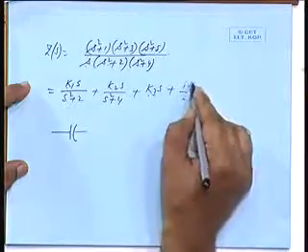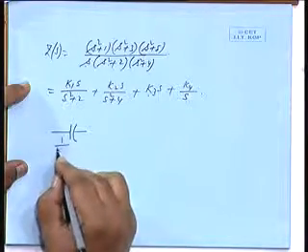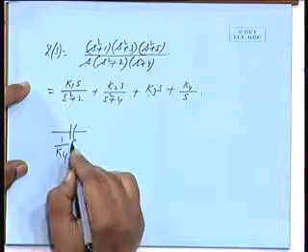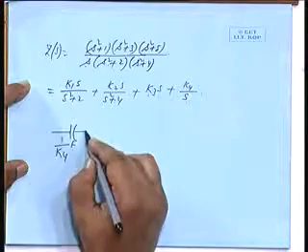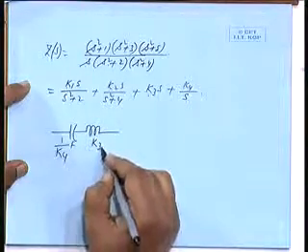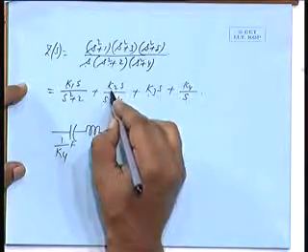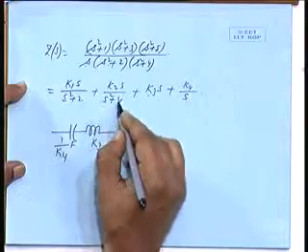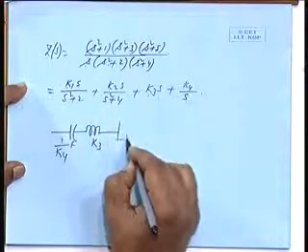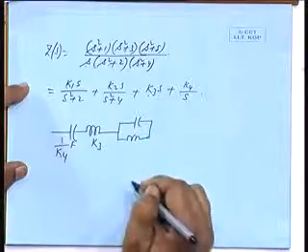A capacitor of value 1 by K4 farad, an inductor of K3 Henry, and then terms like this: K2S by S squared plus 4 will give me a tank circuit, a parallel LC combination.